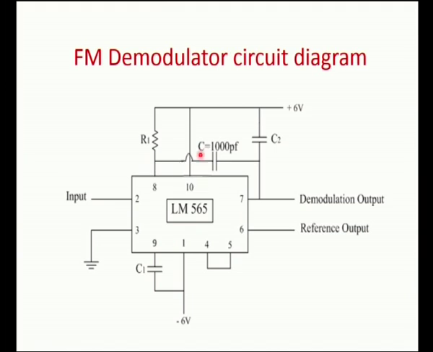The 1000 picofarad capacitor will determine the low pass filter cutoff frequency. There are two inputs, either 2 or 3, where we can provide the input signal. In this case we are providing the input signal at pin number 2. The input signal will be an FM modulated signal which this PLL should track.